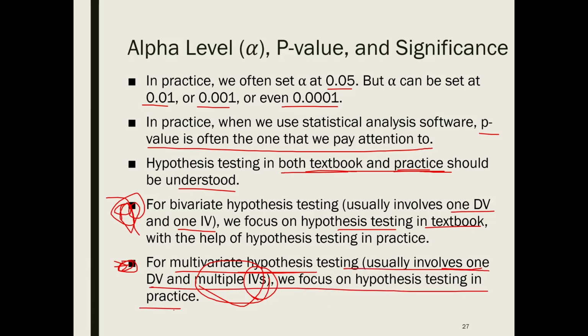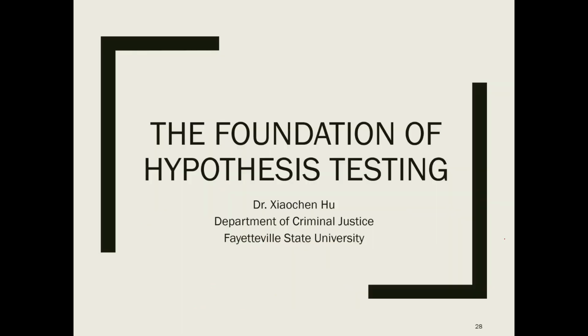This is the one you often see when you read academic papers, reports, academic journal articles, or even academic books. But it doesn't necessarily mean that we don't have to learn the easy one. We still need to learn it to lay the foundation of our hypothesis testing skills and knowledge. It's not that common to see in the discipline. Okay, that's it for the foundation of hypothesis testing.